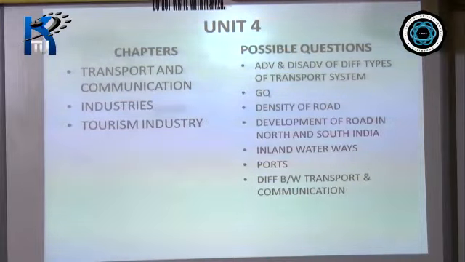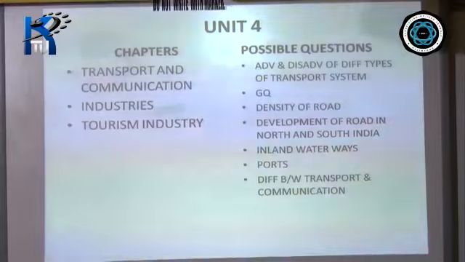Then you come to the next mode of transportation, roads. When I'm explaining all about roads, a possible question is the classification of roads. Under classification of roads, national highways, under this you have to know the golden quadrilateral. What do you mean by golden quadrilateral?